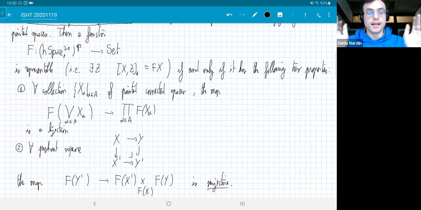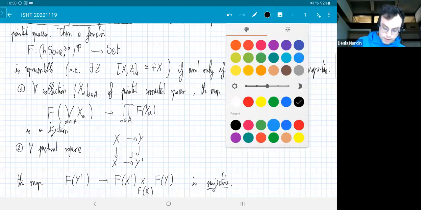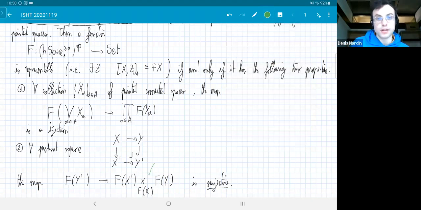Yes, I'm not going to repeat it every time, but all limits and colimits here are going to be homotopy limits and homotopy colimits. This one is just a normal pullback because it's in sets, and in sets homotopy pullbacks and pullbacks are the same. So you don't have to worry about that. But in general, I'm always going to assume that limits and colimits are homotopy. And I will very rarely be interested in non-homotopy limits and colimits.